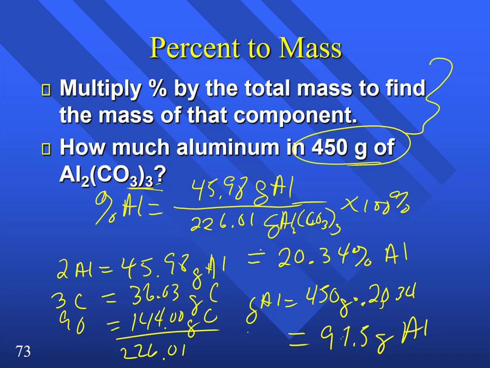And that's why it's important to recycle aluminum, because it takes a lot more energy to tear the aluminum away from the other stuff than it does to melt the aluminum can you already have. Does that make sense? So it's about energy savings. It's not about saving the aluminum, it's about saving the electricity to make the aluminum, which is saving the carbon dioxide going into the atmosphere.